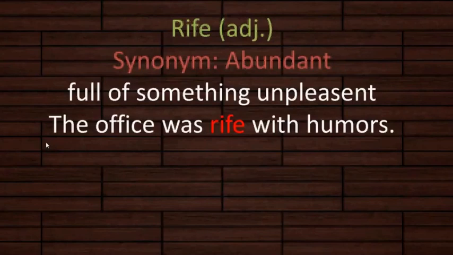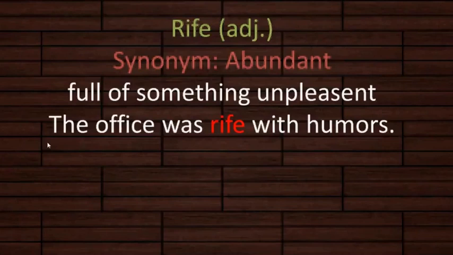But the idea behind it was that we generally use abundant when there's a lot of something, more than necessary. That's what the definition of abundance is. And I believe it is better to use abundant in the context of this example sentence.